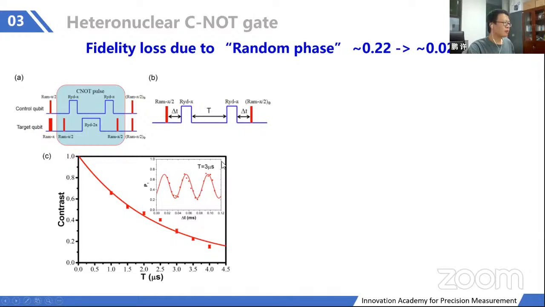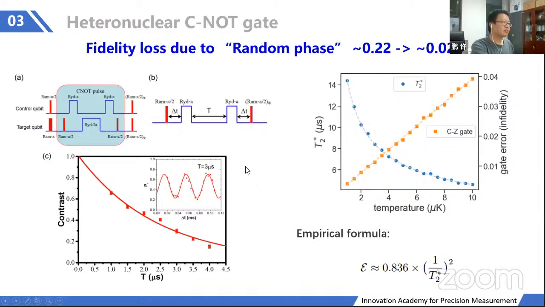And we have done an experiment to verify this and do some simulation. We get an empirical formula: when the atom temperature is very high, when we use this pi gap pi sequence, we will have a gate error which is proportional to 0.836 multiplied by this.